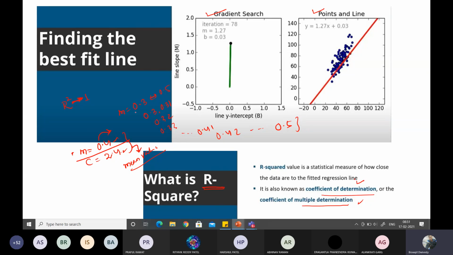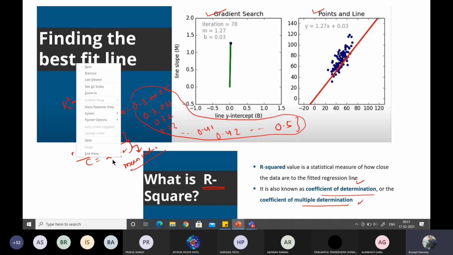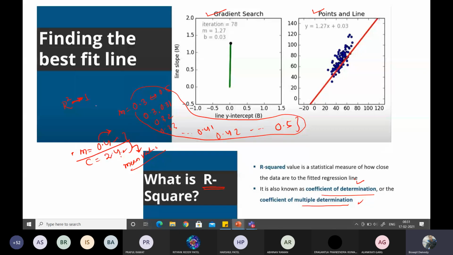So you can choose any number of slope values, and based upon those slope values you can find your c values. After finding the corresponding c value, you get one straight line, and you can check your error value. Whenever your R square value comes close to 1, at that time you can choose the corresponding regression line as your final regression line, which will give you the least error.